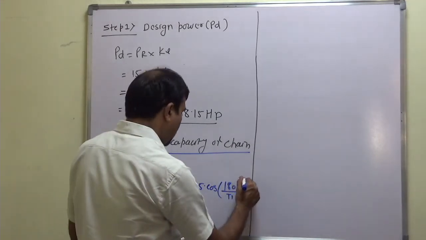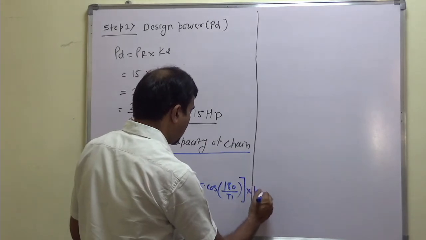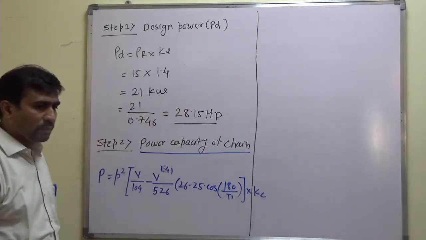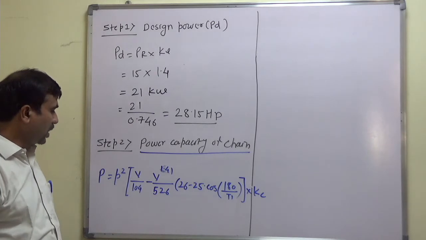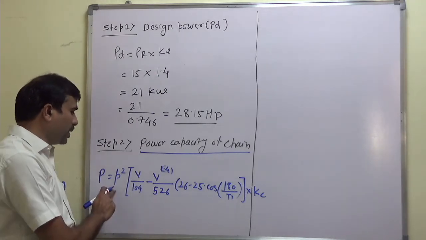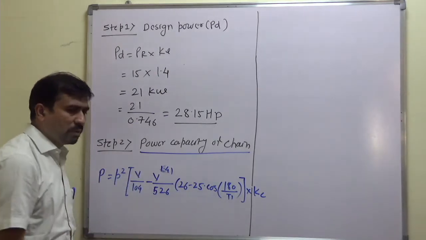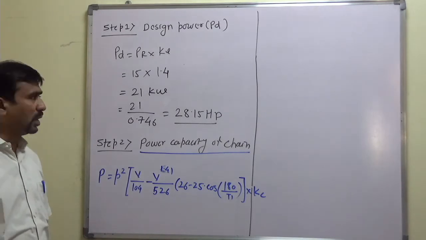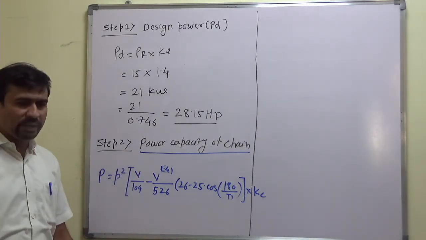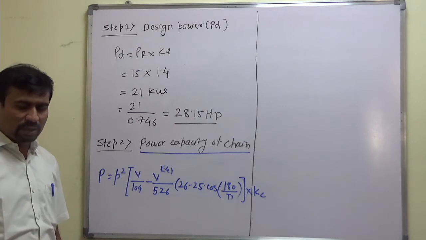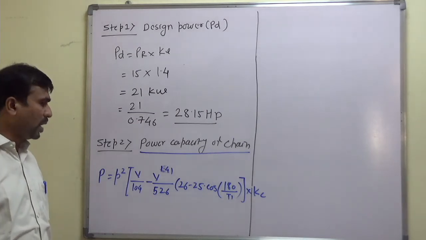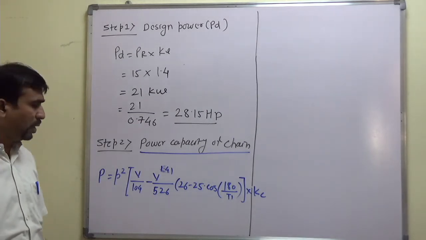This complete multiplied by Kc. So this formula is given in the data book. In this formula, P is pitch, V is velocity, T1 is number of teeth on the smaller sprocket. So at this moment we don't know anything. First we need to select the suitable chain number from figure number 14.1 or 14.2.